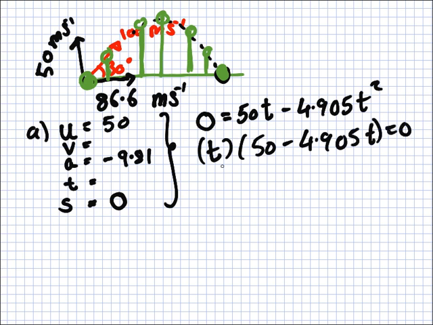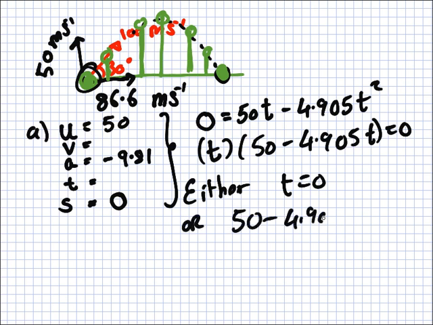I took out the t. So I get two answers. Either t is 0, which makes sense because that's the answer at the beginning when s is 0, or 50 minus 4.905t equals 0. So what was the real answer?